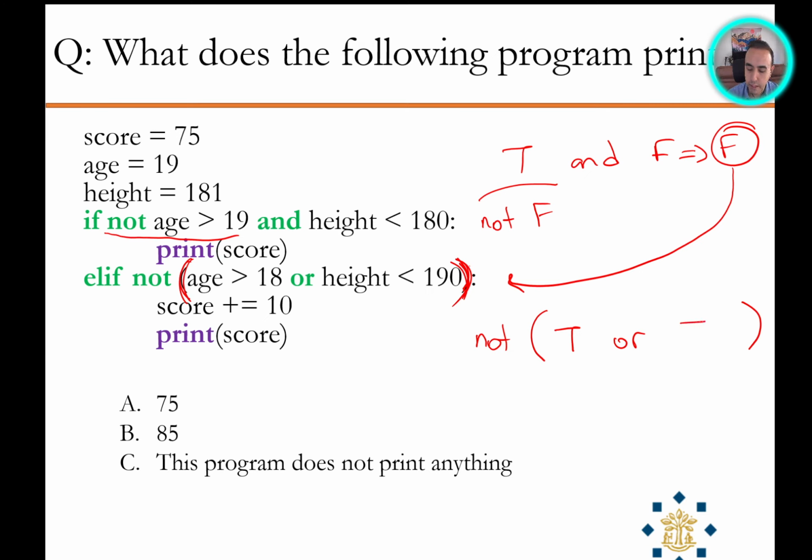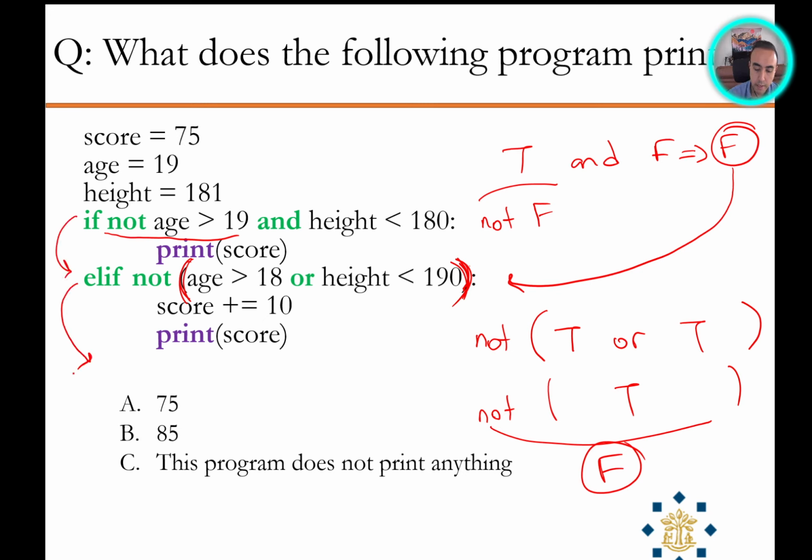Height less than 190, that's also true. So we first do the inside. True or true, that's a true, but we have a not, and not true here, it makes it false. Since this is also false, we are skipping that. So it doesn't print anything.